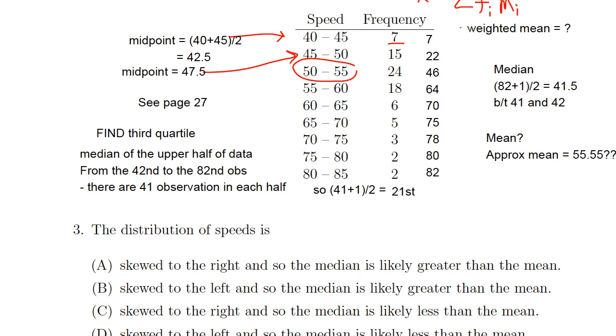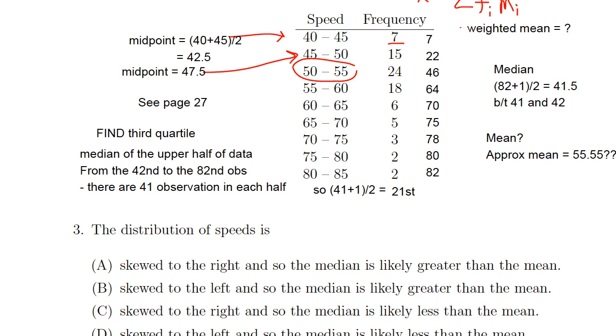This starts at the 42nd. So that leaves 42, 43, 44, 45, 46. So there's 5 in here. And then we still have to go for the rest. Five out of 21 leaves 16, so it's going to be in the next group.